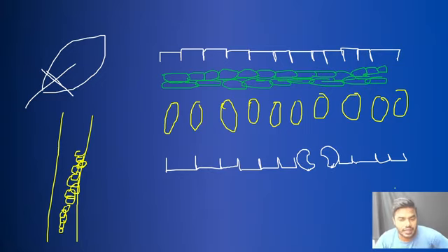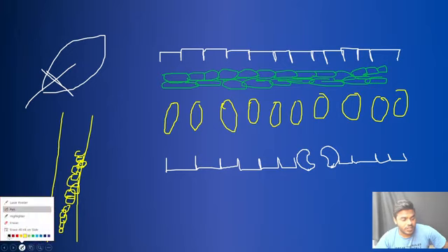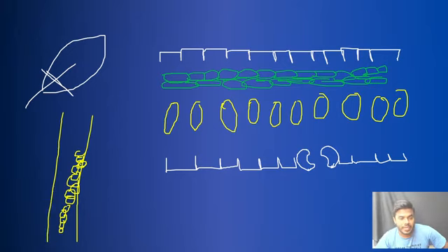All the students listen. Whenever there is an opening of this particular stomata, imagine all these red dots are the water molecules, friends. The moment, listen to me carefully, the moment stomata get opened, all the water molecules go out.